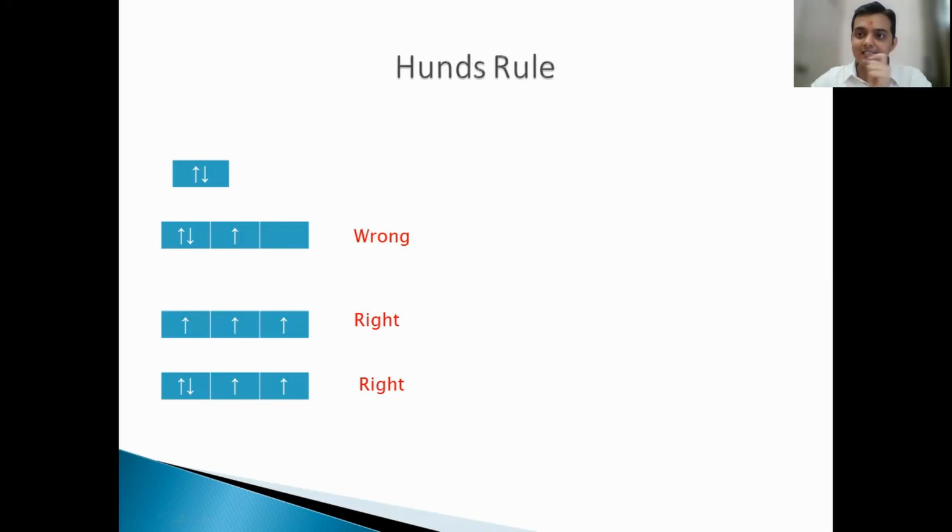It means a single electron will go in each orbital, then you will pair up. Why? If single electrons go in each orbital, then they can balance each other and give symmetric attraction or symmetric repulsion to each and every phase. That's why they say first you fill singly, then you get paired. So see how I am using this in my configuration.